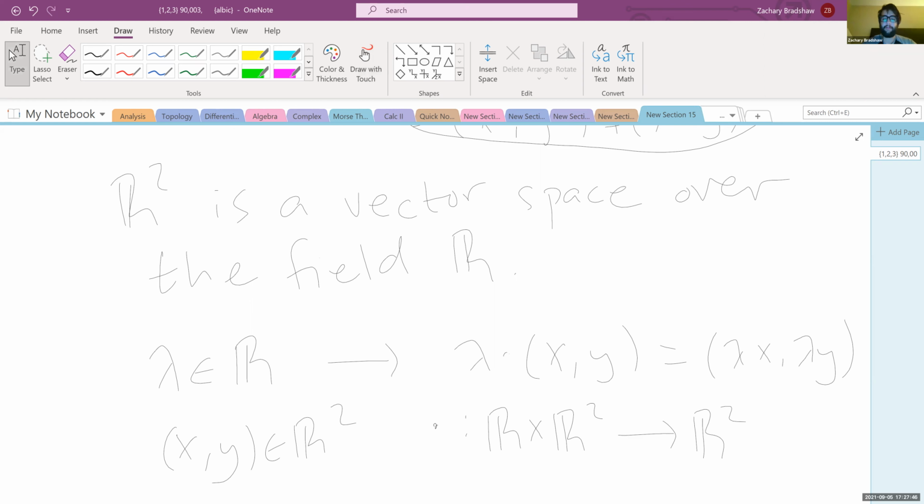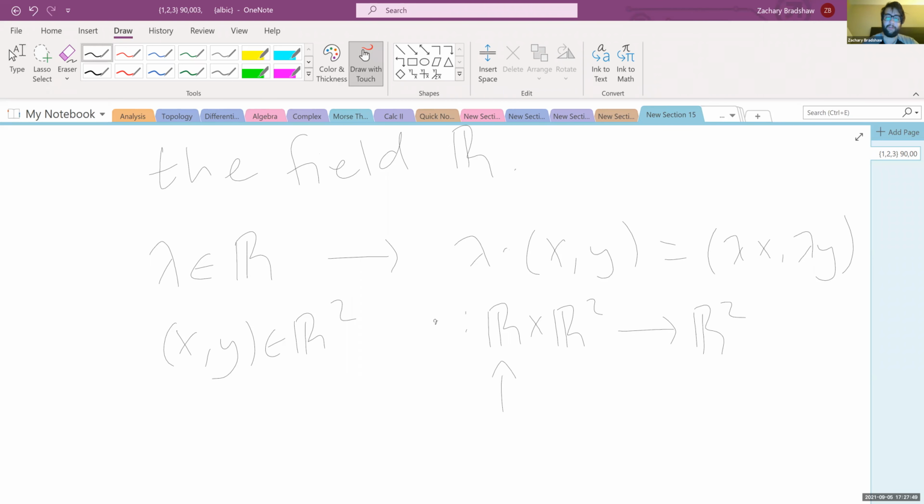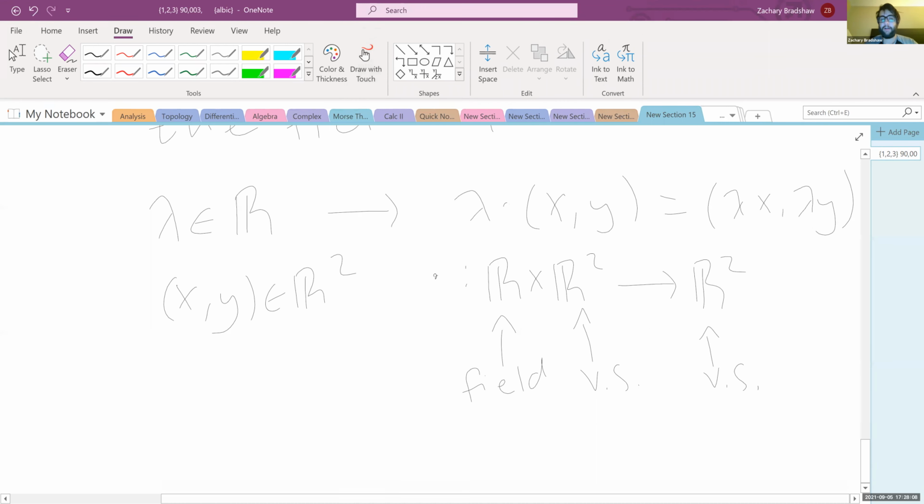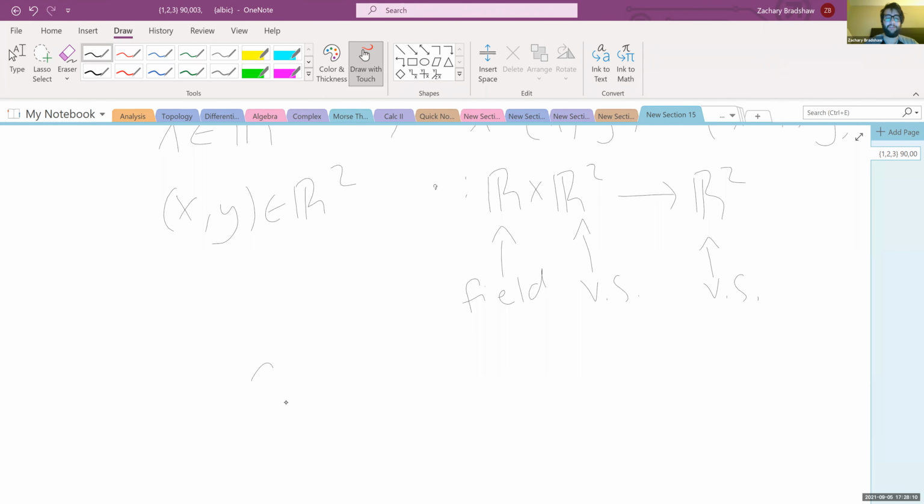So here's my field. Here's my vector space. And there's my vector space again. So again, the scalar multiplication has to satisfy certain properties that we really like. And you can kind of see what they are just from the example. So we need distributivity. So lambda times (x, y plus x prime, y prime).